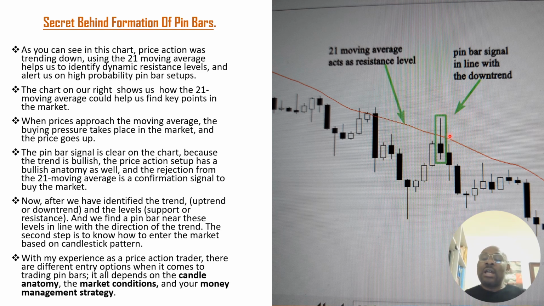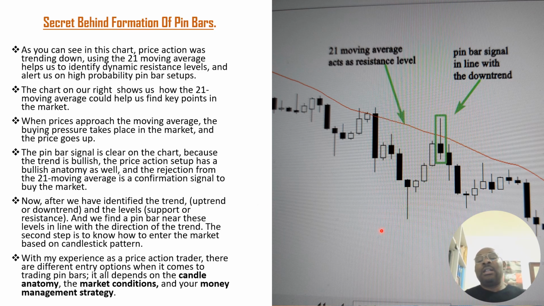Otherwise, if you are not able to identify where it will stop, by the time it gets to a point where it will stop, you now see it reversing. And what will happen? It will hit your stop loss and take you out of the trade.